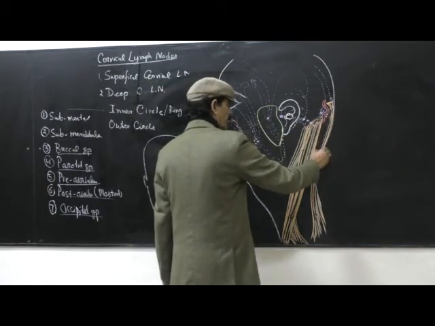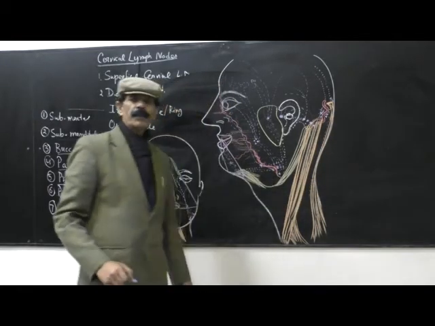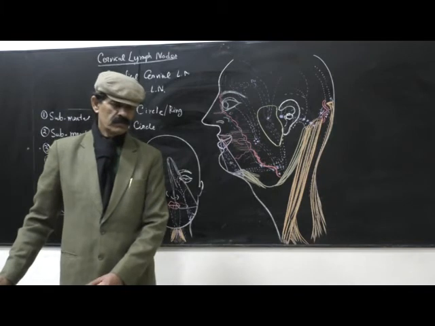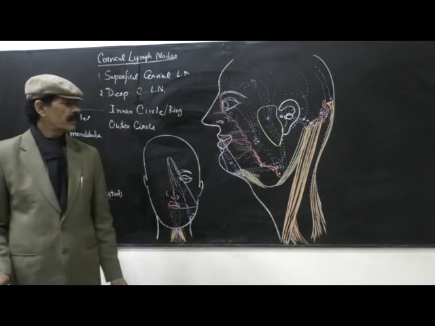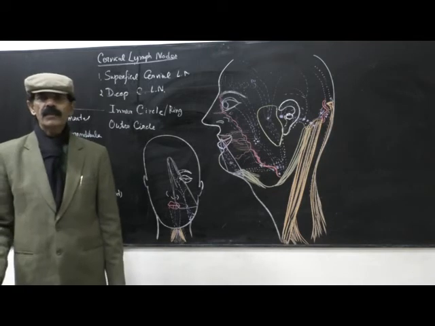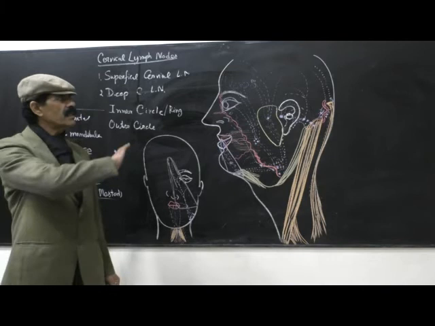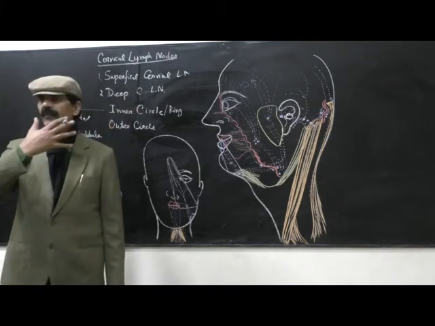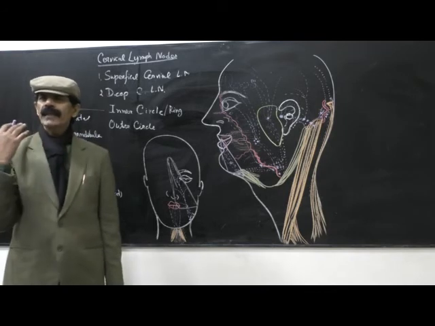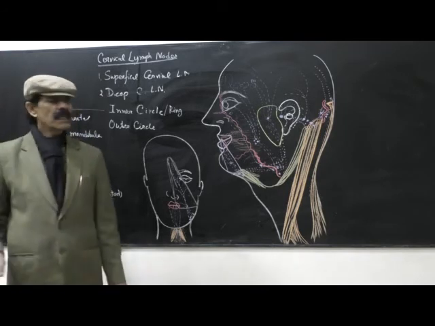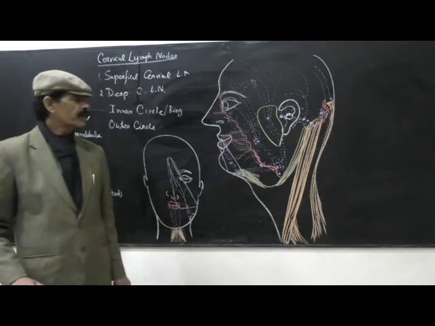The efferent goes to the deep cervical lymph nodes, that is the jugulodigastric or jugulo-omohyoid group of lymph nodes. So that is how the whole area of the face and scalp above the mandibular area is drained by these 7 groups of lymph nodes.